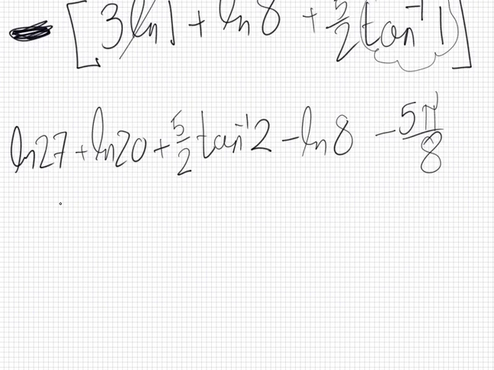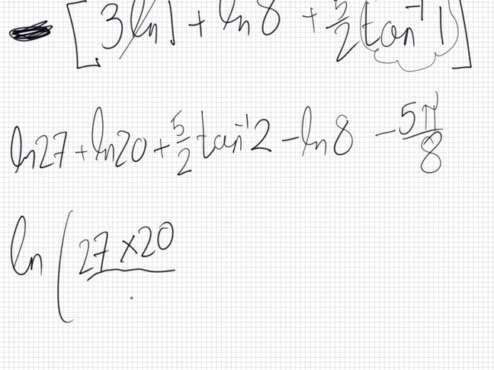Okay? Now, when you add logs, what do you do to the numbers 27 and 20? When you add logs, multiply them. And then when you minus, so this is log 27 times 20 over 8. So see what the inside simplifies to.